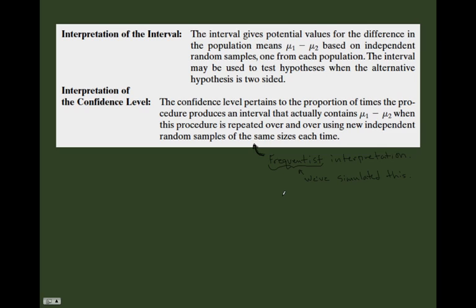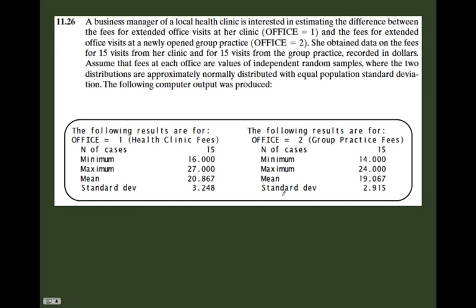So 95% confidence means 95 times out of 100, the procedure produces an interval that actually contains the true difference in the population means, when the procedure is repeated over and over using new independent random samples, each of the same size. Okay, all right. Let's take a look at an example.